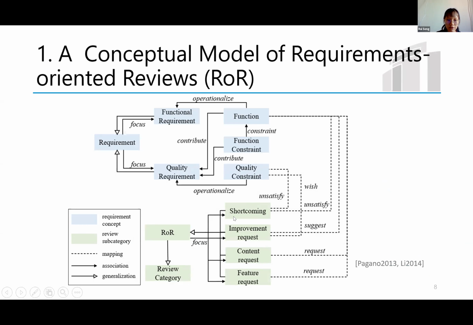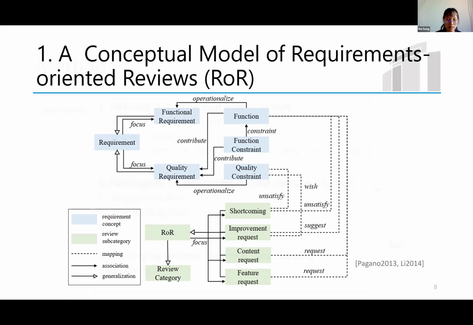We extract 4 categories related to ROR. And in this paper, we need to create the connections between concepts and the review categories to find out the requirements in a better way. Through this connection, we can accurately and directly find the reviews related to the requirements.